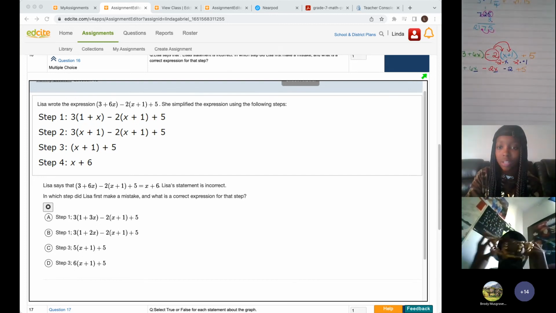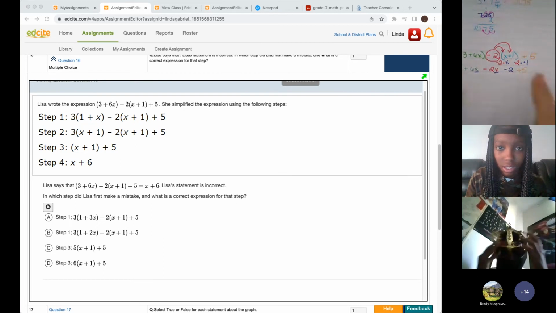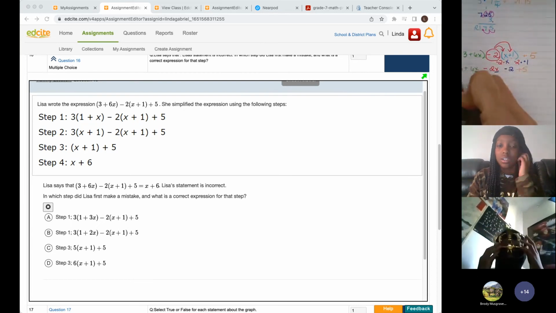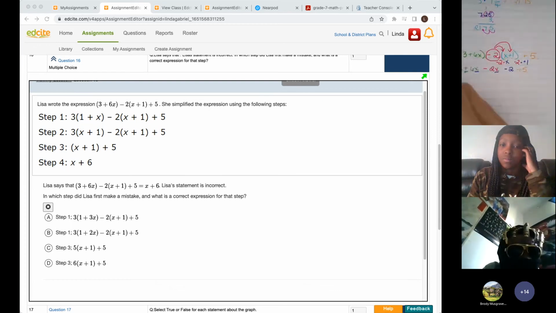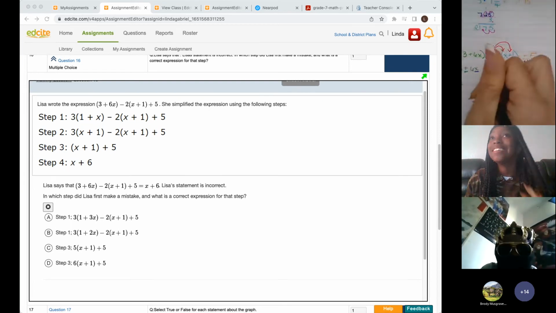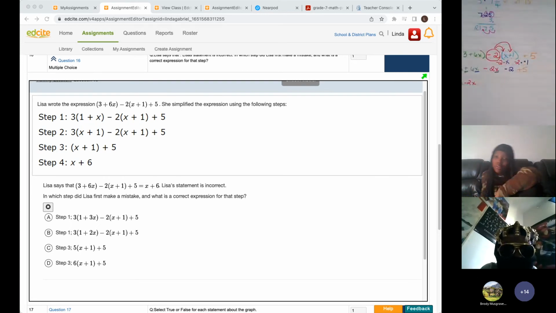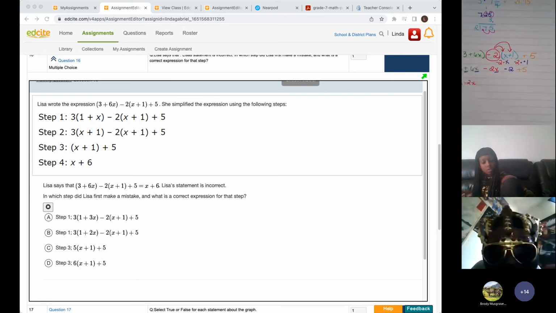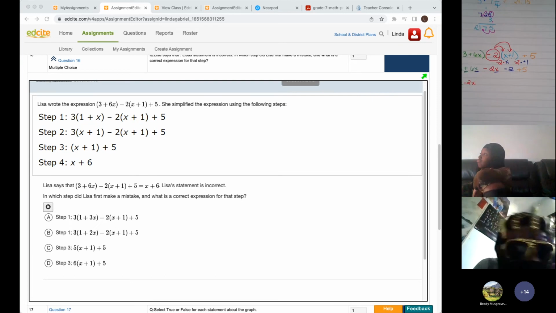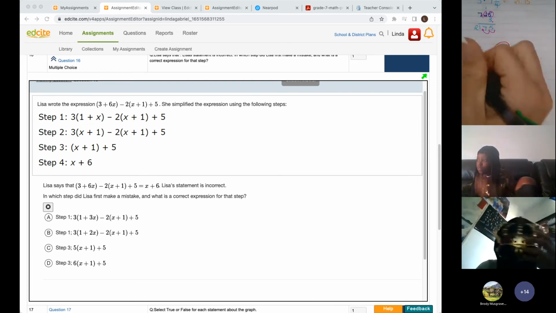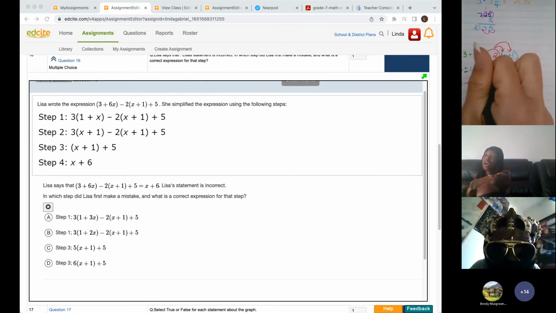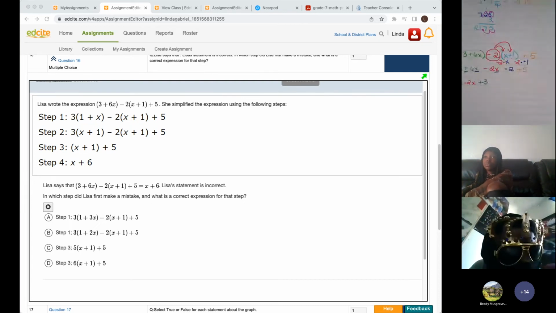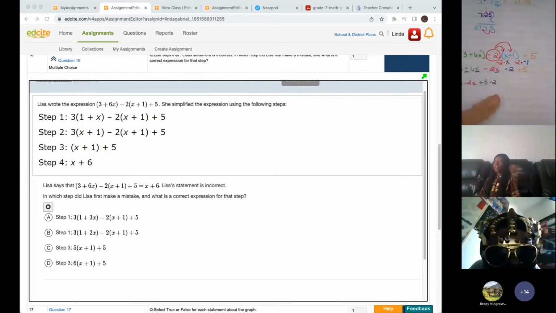So I'm going to rearrange this problem with my combined terms. So I have 6x. It's positive, so I don't need to carry its sign with me. I have minus 2x. Then I'm going to take all my integers. We're going to assume that this is positive, right? Because there's the negative sign in front of it. So I have a plus 3. I have minus 2. Then I have plus 5.